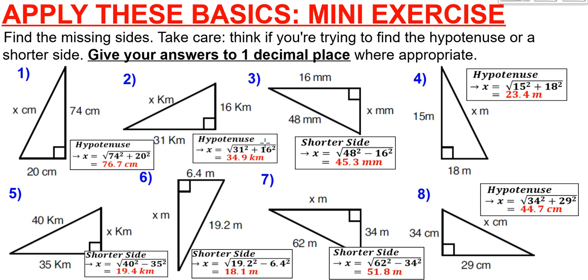Were you wanting to add the squares or do one square minus the other square? It will take practice, but with practice, you'll find that this method is very reliable and also incredibly quick. And that's more or less it for basic Pythagoras. As long as you know these basics, you can also apply this to harder questions. Pythagoras boils down to what we've done here in these couple of videos.